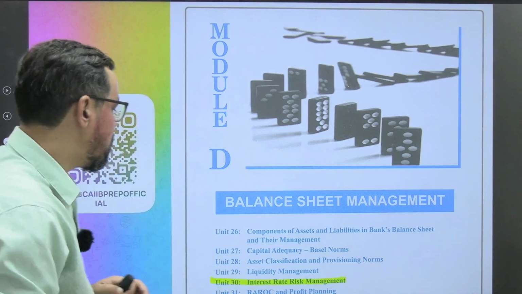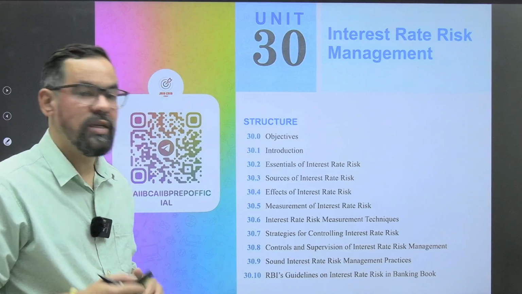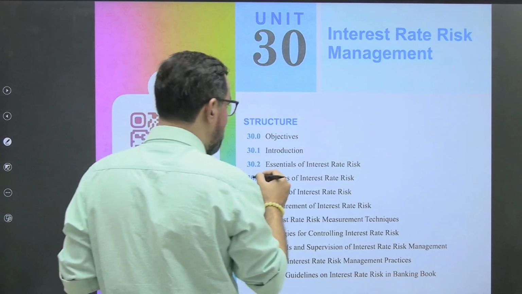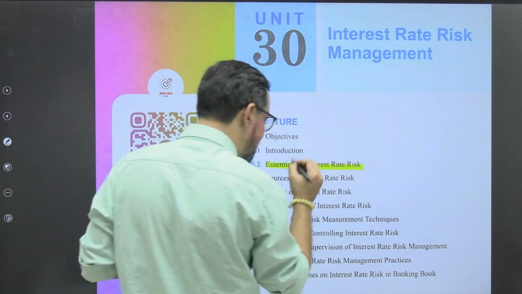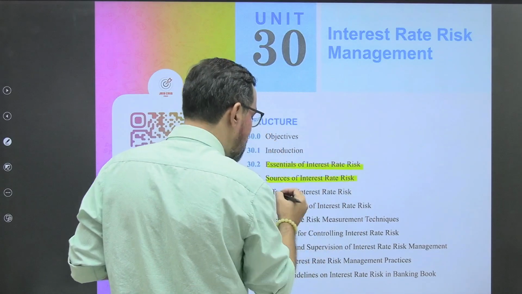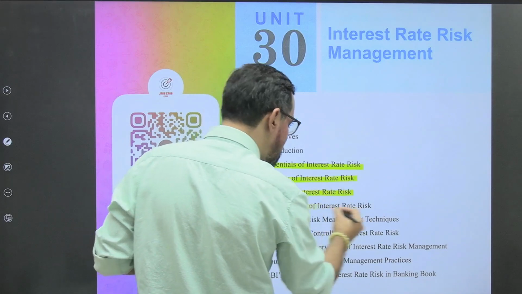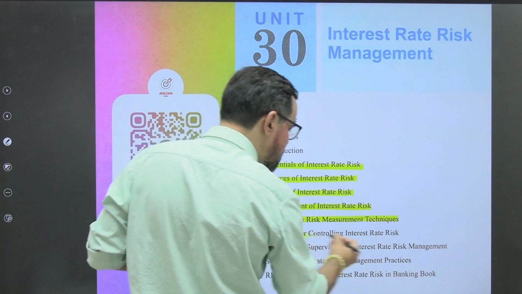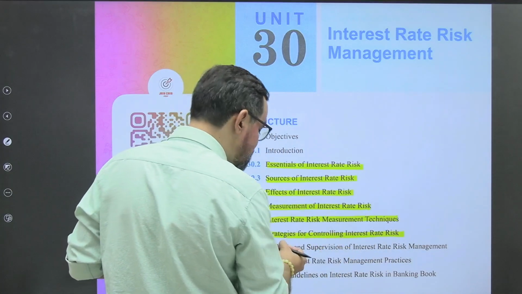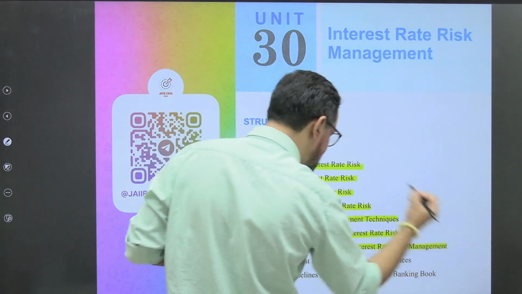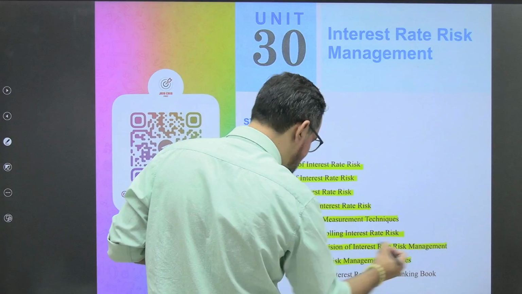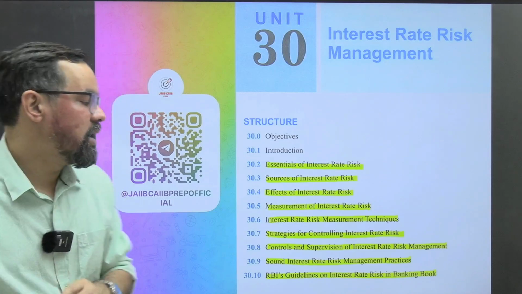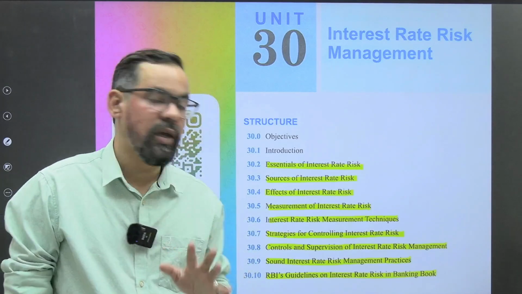Now in this session, we will be discussing these subtopics, which are part of module D, unit 38: essentials of interest rate risk, sources of interest rate risk, effect of interest rate risk, measurement of interest rate risk, measurement techniques, strategies for controlling interest rate risk, control and supervision for interest rate management, sound interest rate risk management practices, and RBI guidelines on interest rate risk in the banking book.